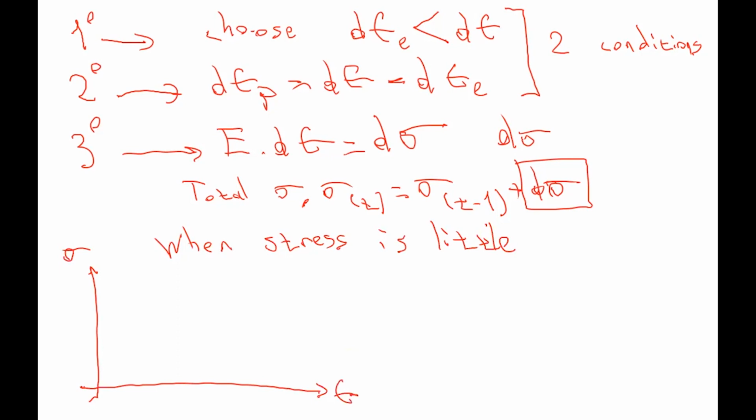We start with 0 and 0. Then we have a linear relation. We go to the second point. We go to the third point. And the slope is just the modulus of elasticity. When the stress is small, we have a linear relationship.